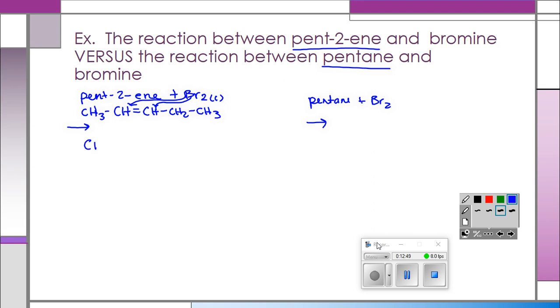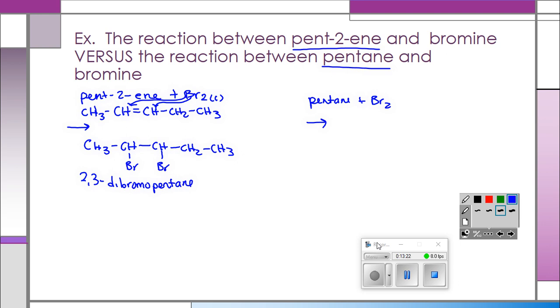I'm going to have this compound, where I've taken away the double bond and added an atom of bromine to the second and to the third carbon. I would call this 2,3-dibromopentane. And that's it. That's the only product of this reaction.